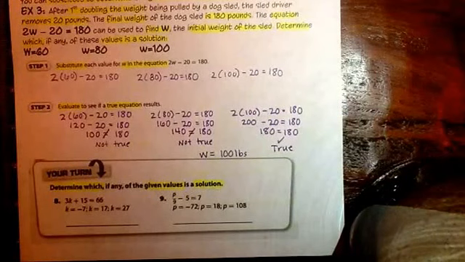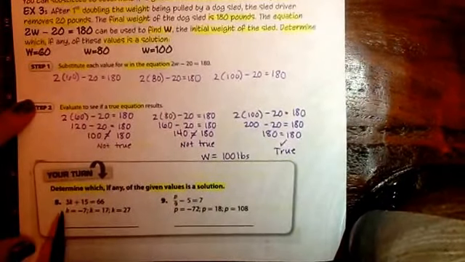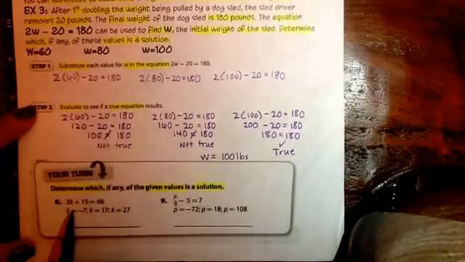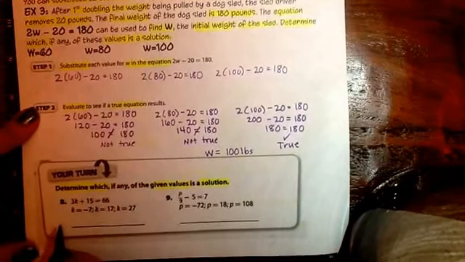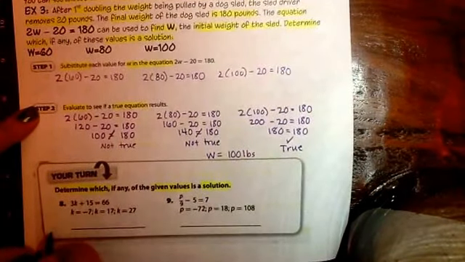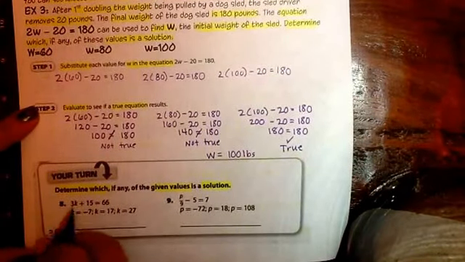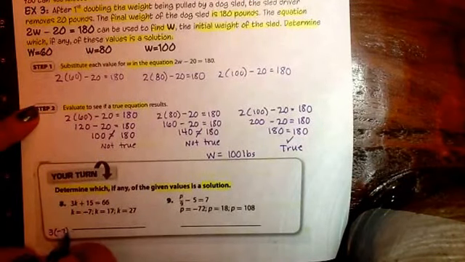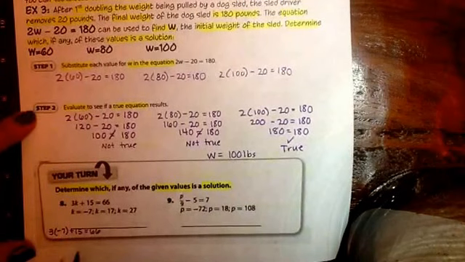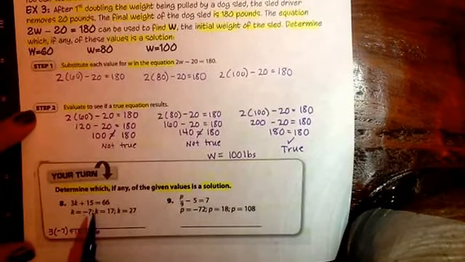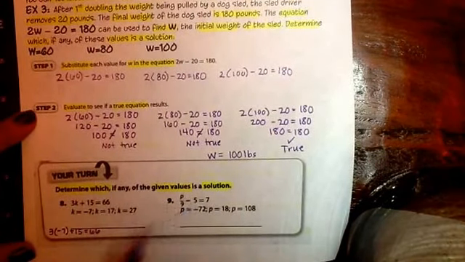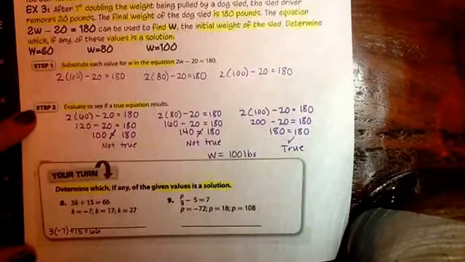Okay, on number 8, our equation is 3k plus 15 equals 66. The first one I'm going to substitute for k is negative 7: 3 times negative 7 plus 15 equals 66. Notice we're working with some negative integers in our problems, so you're going to have to remember all these rules.